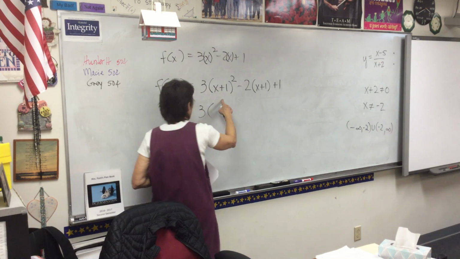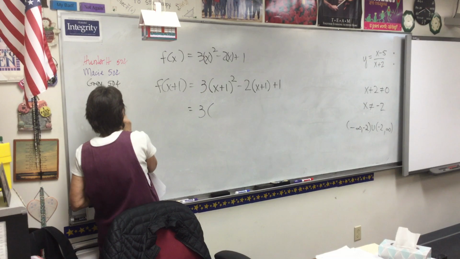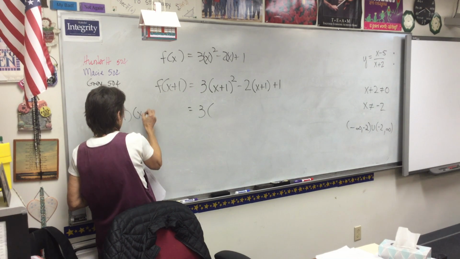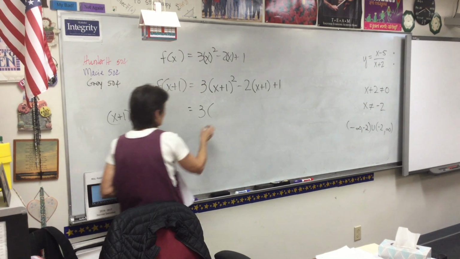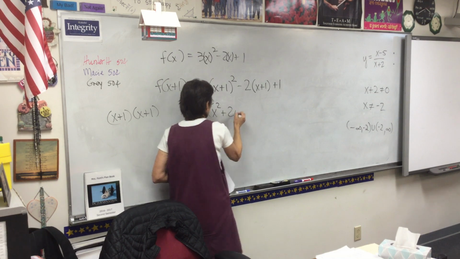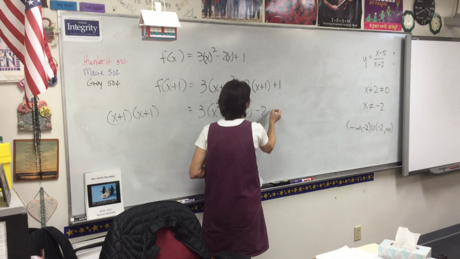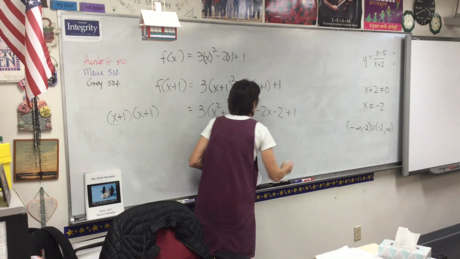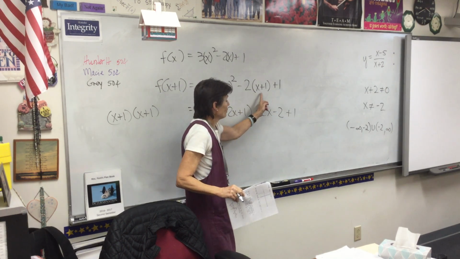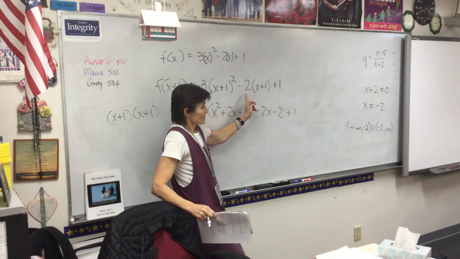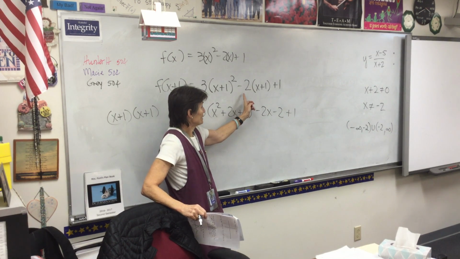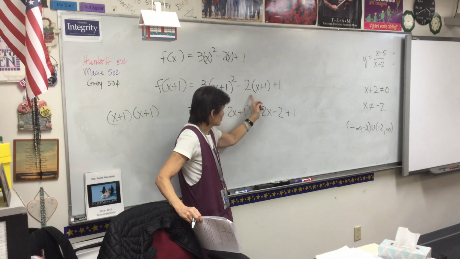So this, remember, is a FOIL. FOIL it out. And be very careful on your distributive. Some of you made several mistakes on your test because you just didn't distribute correctly.